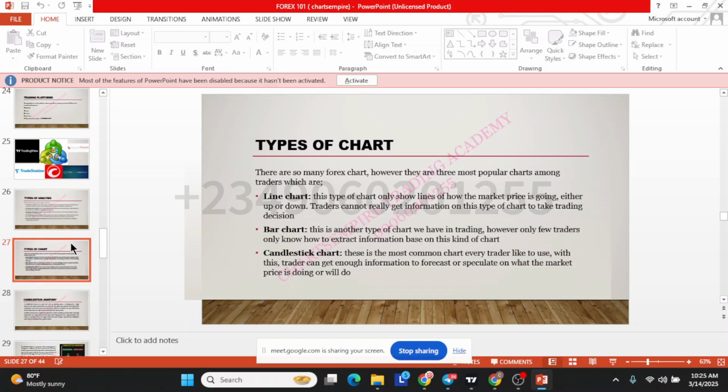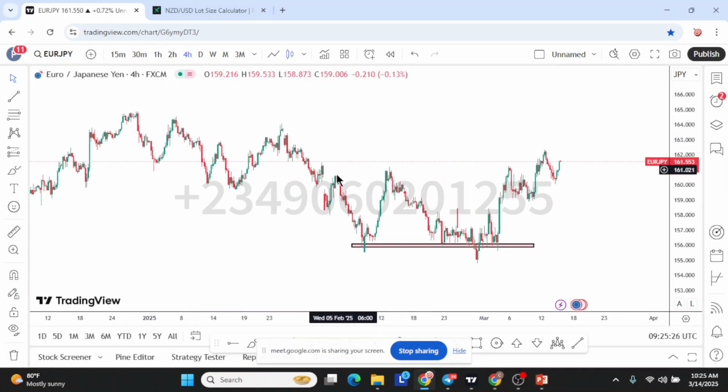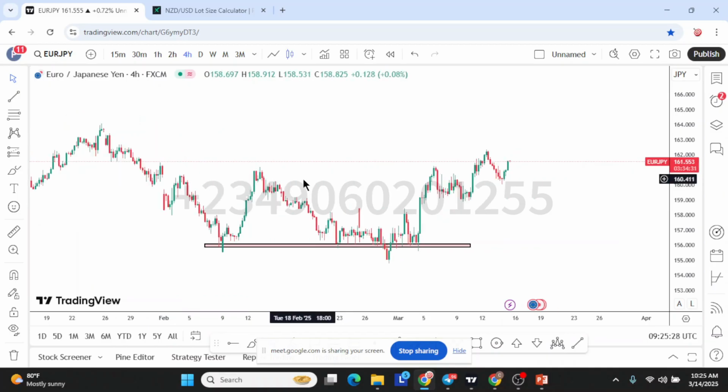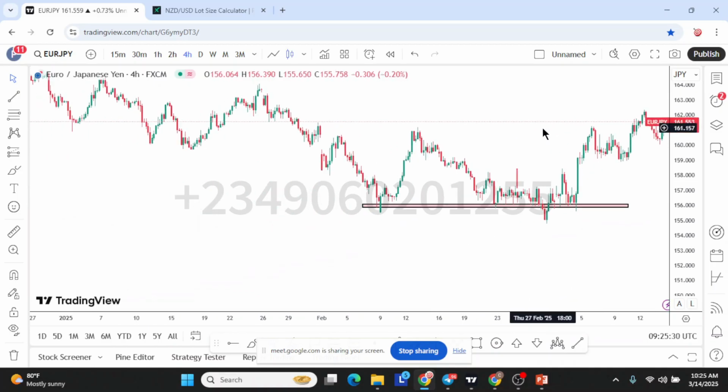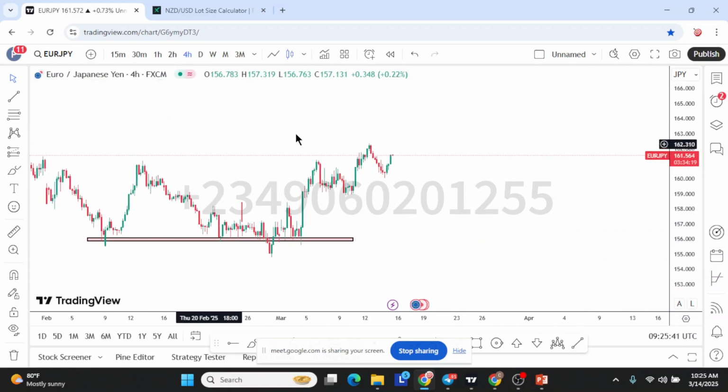So let me quickly show you these three types of charts so you can see the difference between them all. This one here is the candlestick chart. The candlestick chart is a representation of price movement.